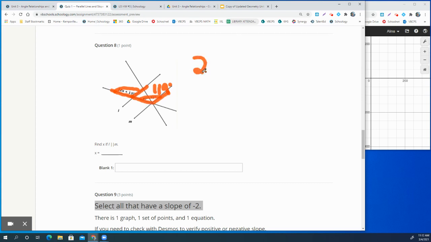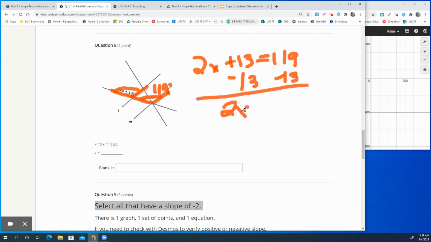So my equation is going to be 2x plus 13 equals 119. Those two angles are congruent because they're corresponding. Once you solve that, you're going to subtract 13 from both sides, right? And 2x equals 106. So x equals 53.